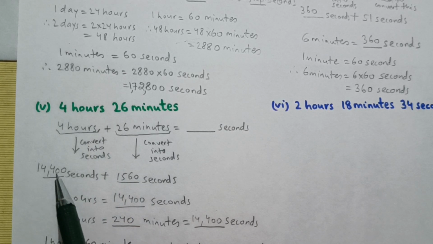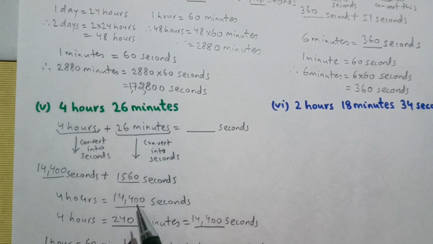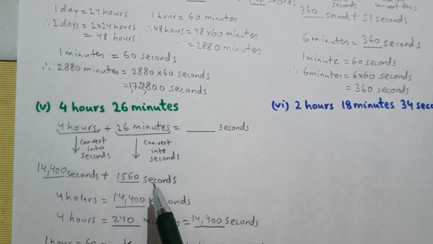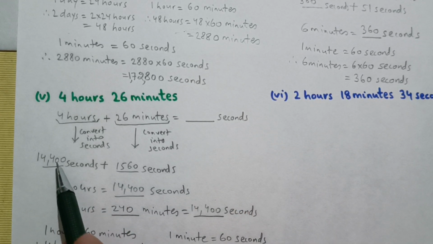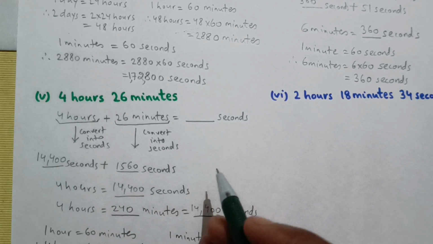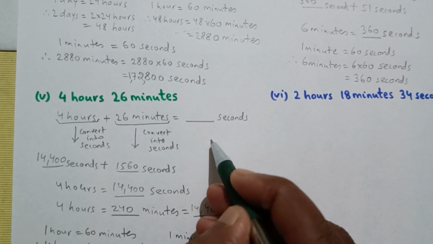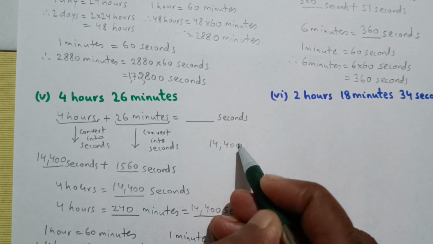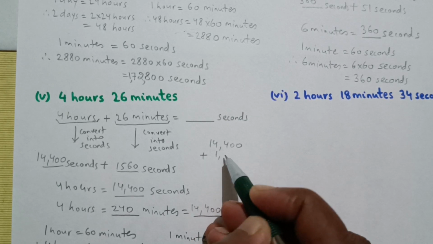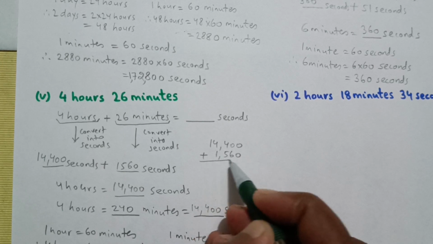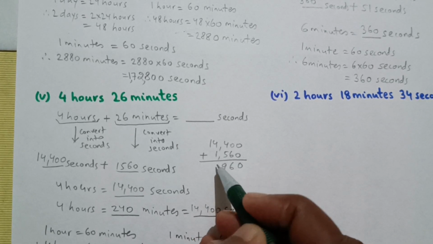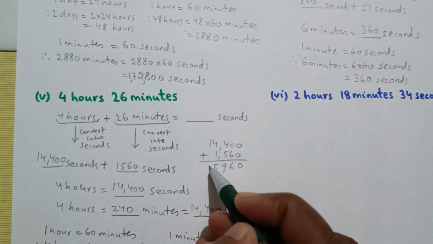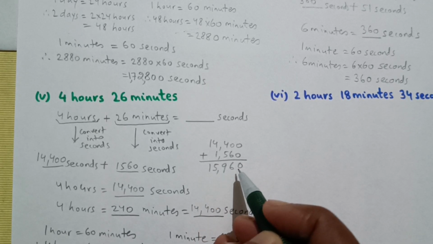Now we have converted both of them into seconds. 4 hours is 14,400 seconds and 26 minutes is 1560 seconds. Now we have to add these two to get our total number of seconds. So 14,400 plus 1560. 4 plus 5, 9. 1 plus 4, 5, and then 1. 15,960.